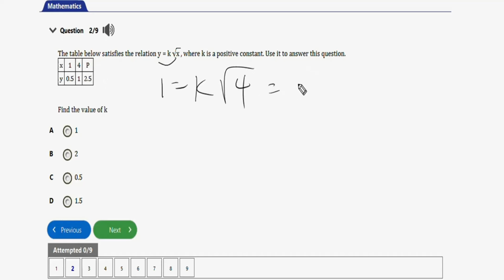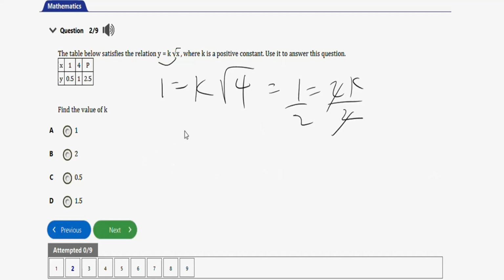So this will give us 1 equals 2k. You divide both sides by 2, so your k is a half, which is 0.5, option C. Option C is the right answer, 0.5.